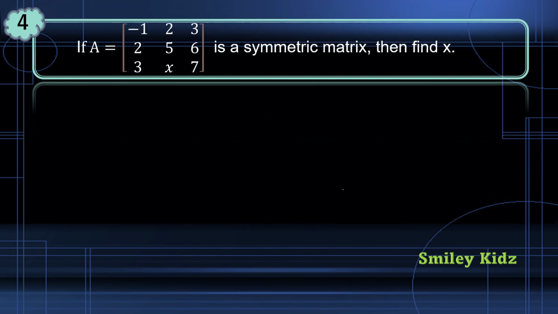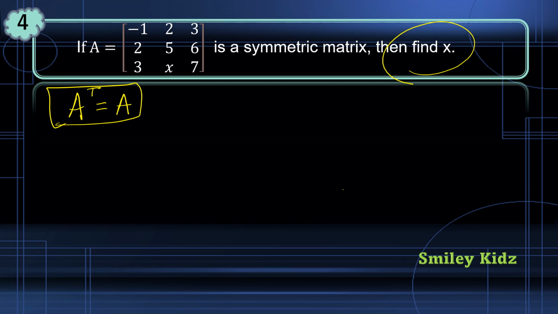Moving forward, we have a question on a symmetric matrix, and we are going to find out x. How do we find out x if you're given a symmetric matrix? Well, what is the condition of a symmetric matrix? You know that A transpose will be equal to A. That is the simple condition you're aware of, right?